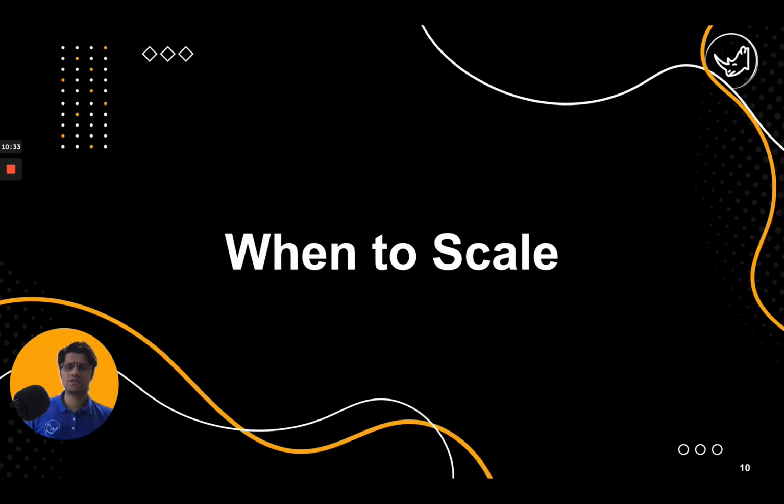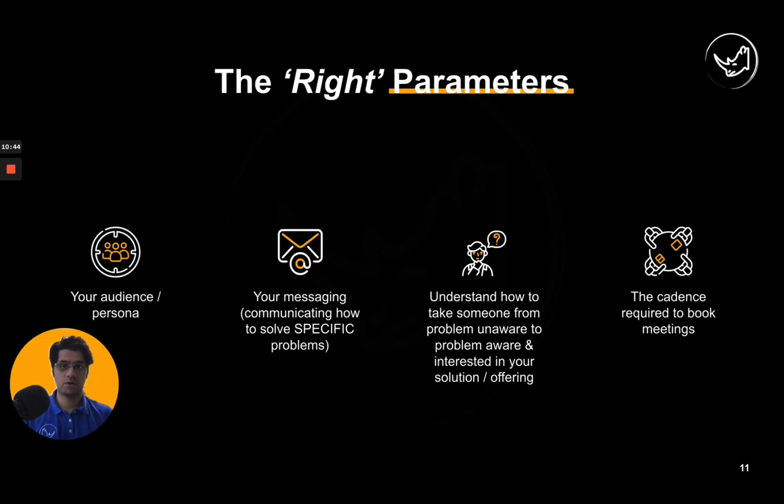Okay, one of the things I get asked is when is the right time to scale your cold email campaigns. That's a really tough question because it depends on multiple variables. So let's dive in. What I define as the right parameters is these four things. First, you've clearly identified with data that this is your audience or persona and you've validated it, meaning you're able to book meetings with this individual, or you're getting a really good response rate and interest rate from individuals who meet these specific criteria.